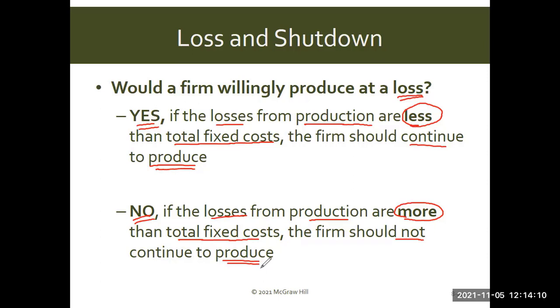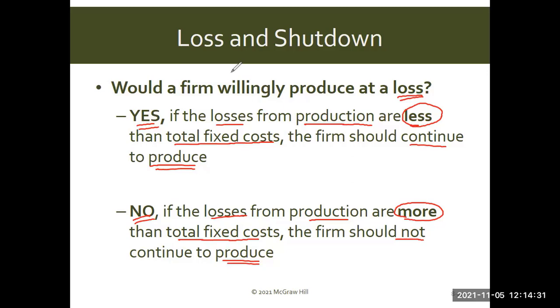That means the price I'm receiving is not even helping to cover our fixed costs, and it's also not even helping to cover our variable costs. So if the losses from production are actually more than your total fixed costs, then you shouldn't produce at all and you should shut down.